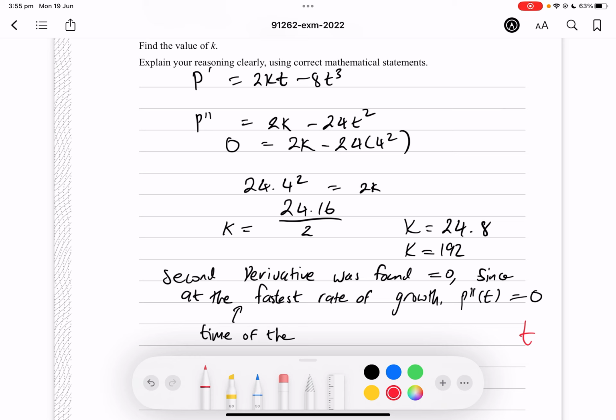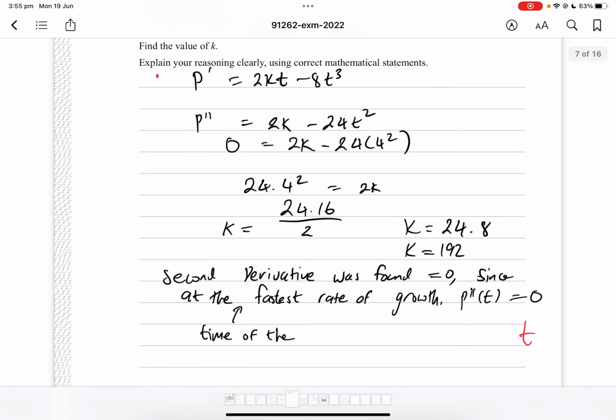And finding dp over dt, that's an achieved, and also substituting t equals to 6. So that's basically just part I. If you only do part I, you'll probably get an achieved. If you can do part I and part II, you should be able to get a merit. And if you can do this last question here, part III, that should be an excellence level grade.